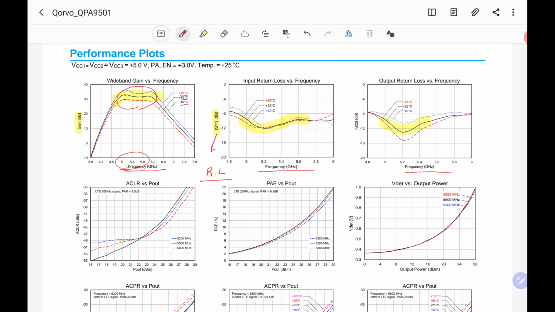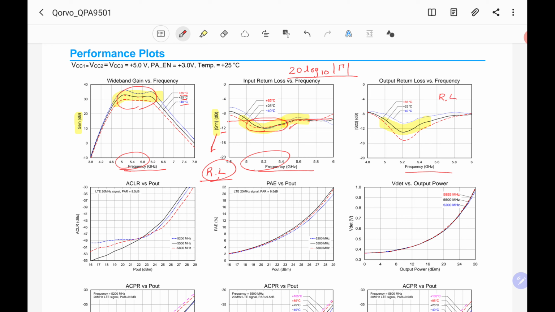So here return loss is a minus, right? So that's why we have a minus sign. So I said about minus 10 dB is a kind of line. If this S11, this insertion return loss, is lower than minus 10 dB, then which is good, right? So this PA is working at this range. Also, this is kind of the same as return loss.